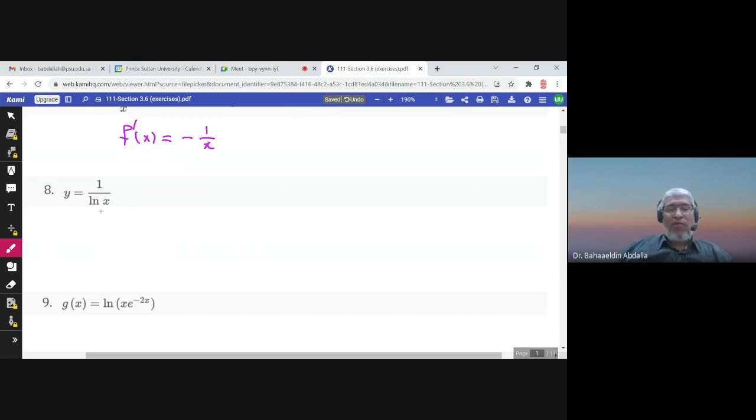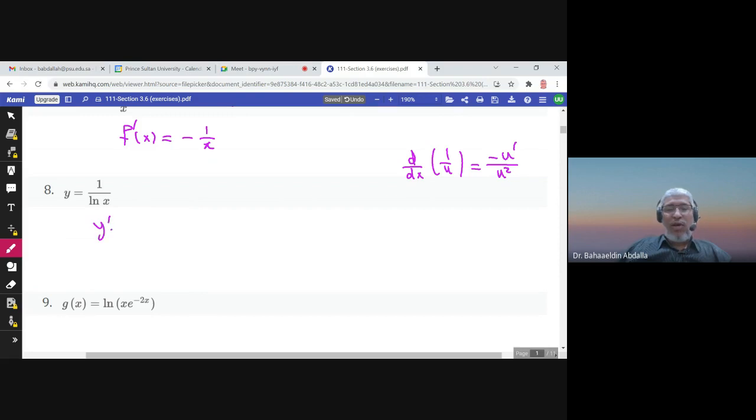Now here I have 1 over ln x. You can write it as ln x to the power negative 1 and find the derivative, or you can use the formula. We know that d by dx of 1 over u is negative 1 over u squared times u prime. So that's the derivative of 1 over u.